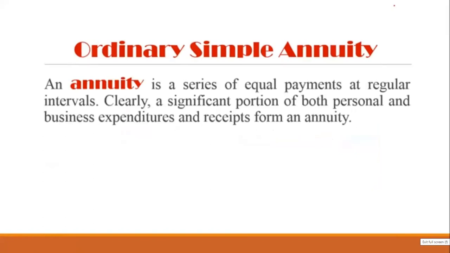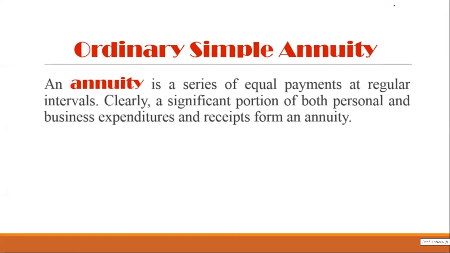Clearly, a significant portion of both personal and business expenditures and receipts form an annuity. A large number of personal and business transactions involve a series of equal regular payments.